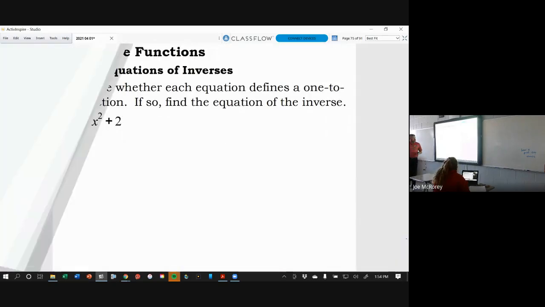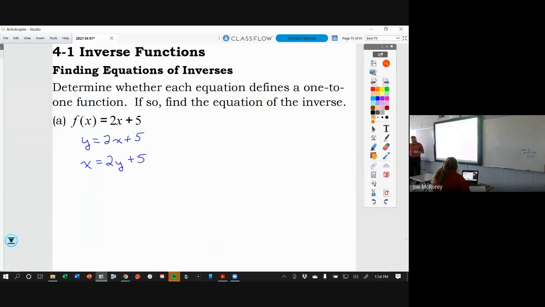Okay, back to the problem at hand. Solve for y, what do you want to do? Subtract 5. So x minus 5 equals 2y. Divide everything by 2. Okay, so I have 1/2 x minus 5/2 equals y.